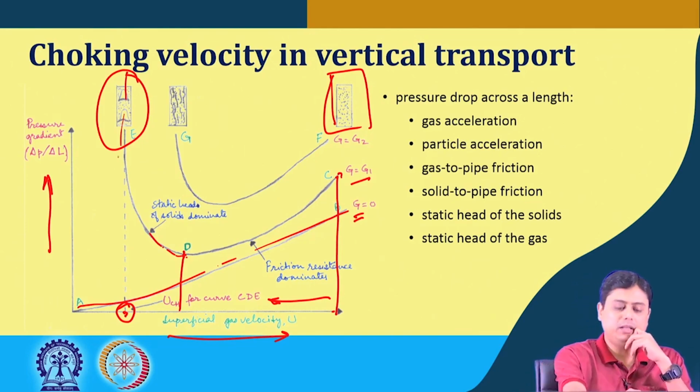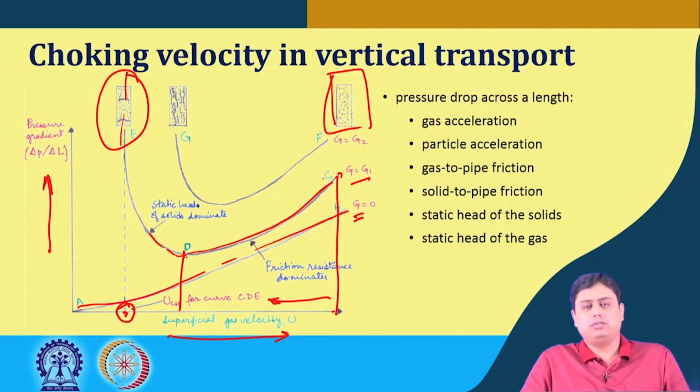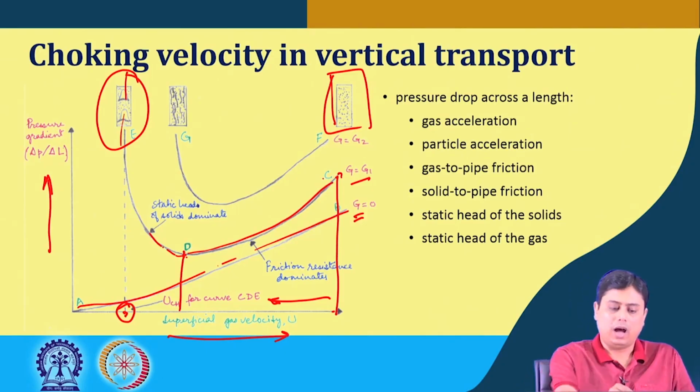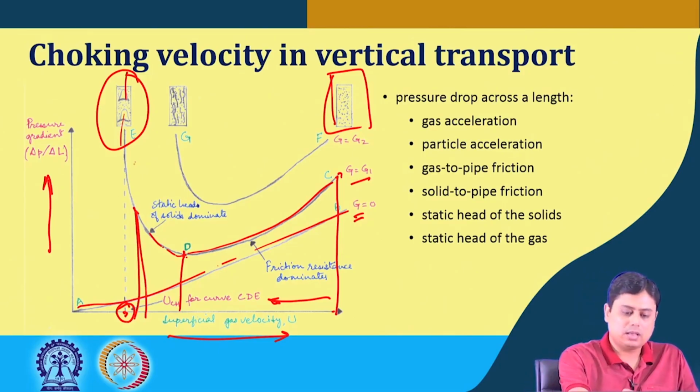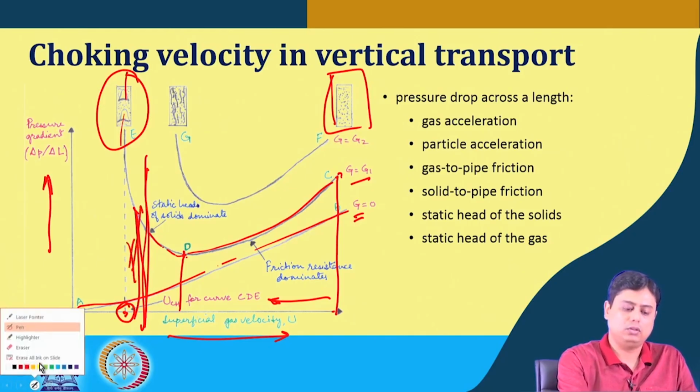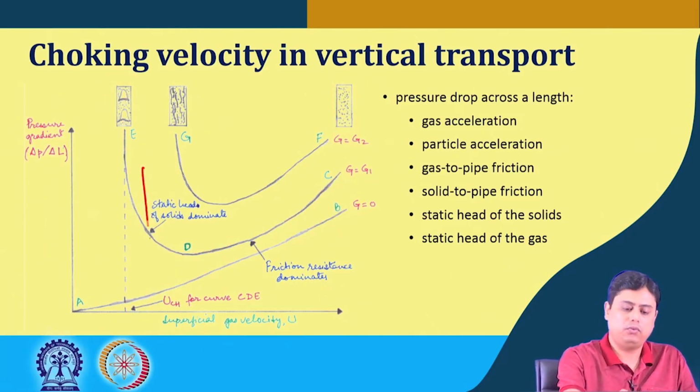and that means we have to operate the bed in this region or higher than this value, the choking velocity, but somehow near to this range there is some unstable condition of the flow behavior.